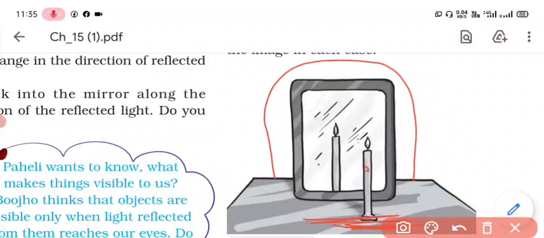Any image that is not obtained on the screen is known as a virtual image. If the image is not obtained on the screen, we say it is a virtual image. But if the image can be obtained on the screen, then we call it a real image. Right now, the image formed in the plane mirror is a virtual image.